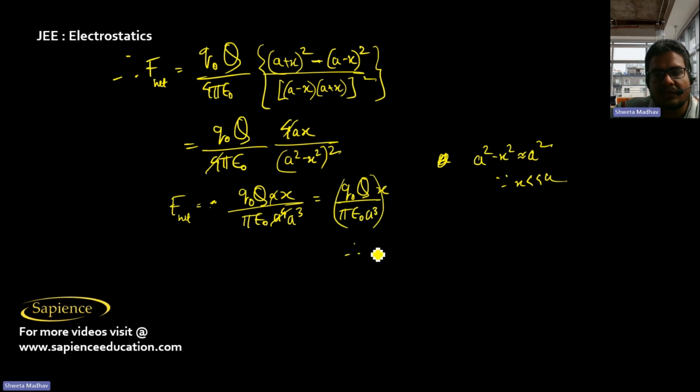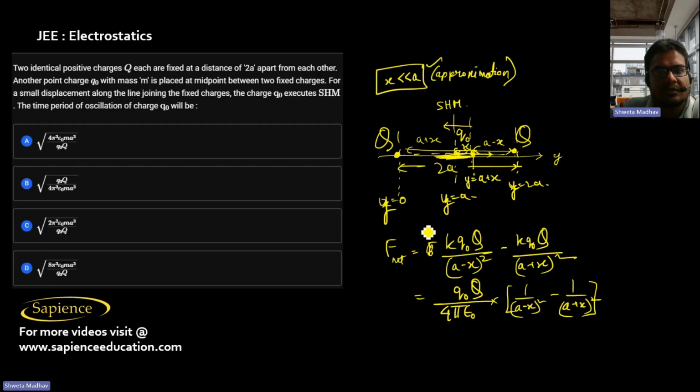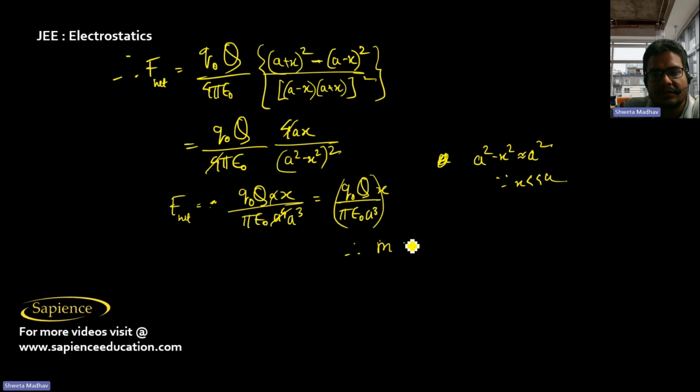Therefore we know that F net is mass into acceleration. So mass into acceleration, which we can take as a, is equal to q naught q by pi epsilon naught a cube into x.